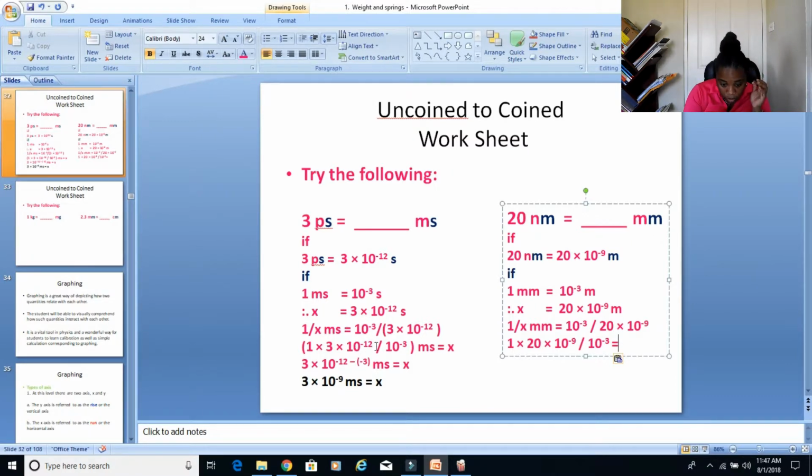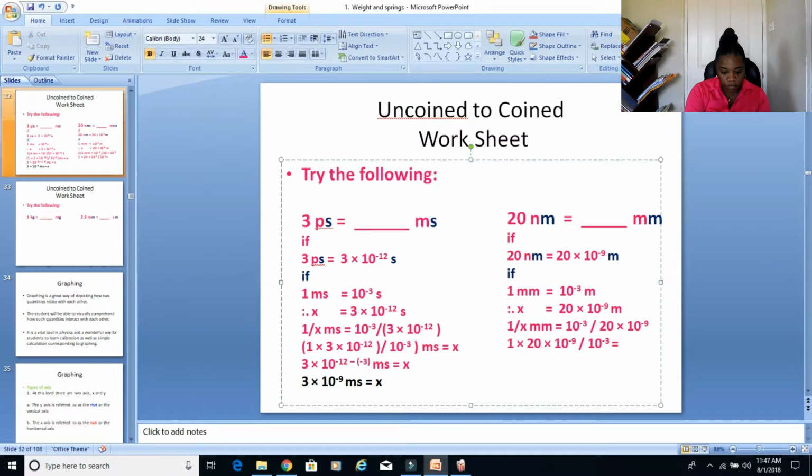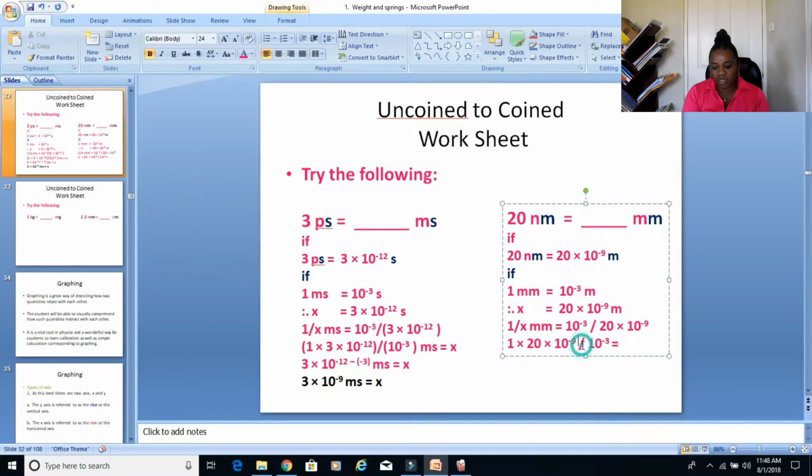Oh, I should have put brackets here, because, you know, it's just cleaner like that. Some teachers will be like, why do you put the brackets? Because I like my stuff to be uniform. I like it to be clean, you know, and it's just a habit. You don't have to do it if you don't want to.